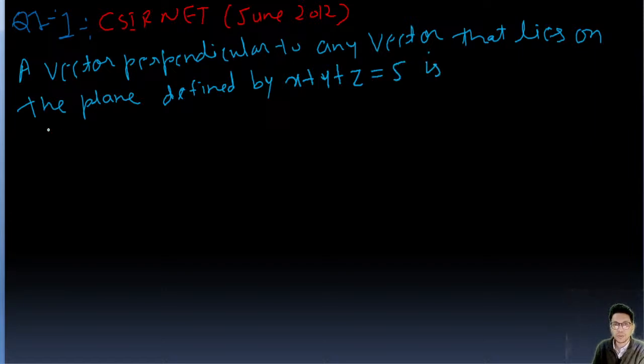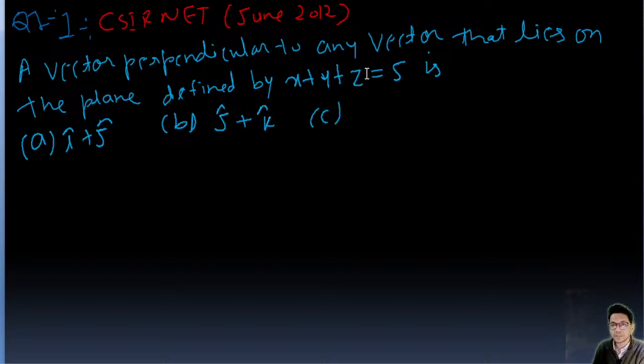Options are: option A, i cap plus j cap. Option B is j cap plus k cap.